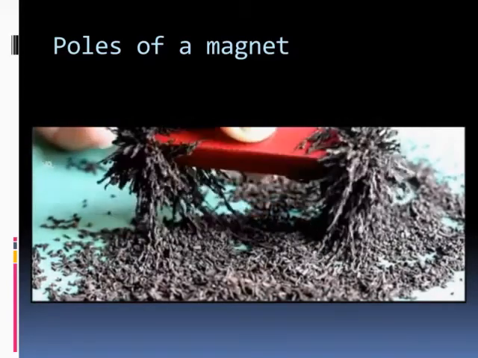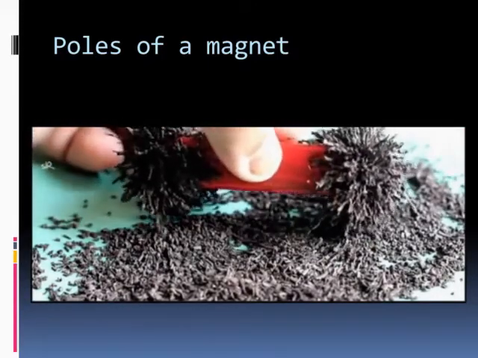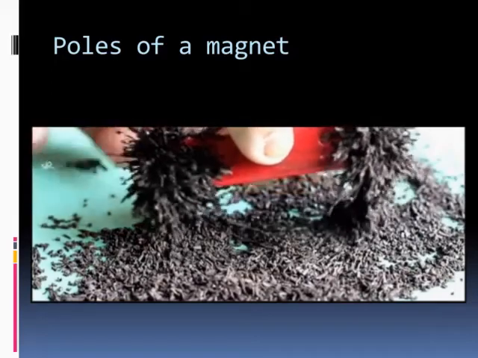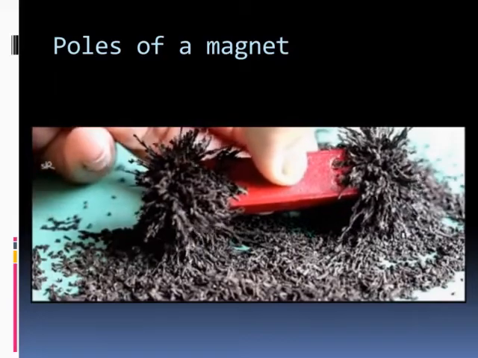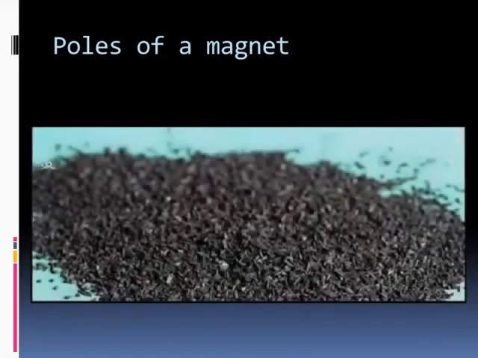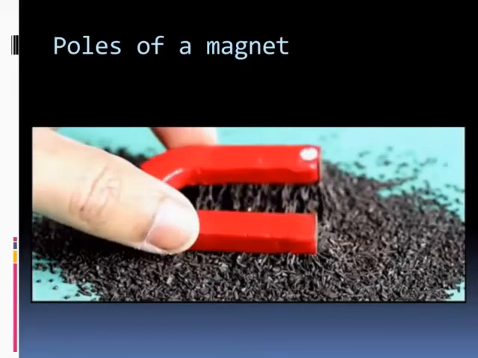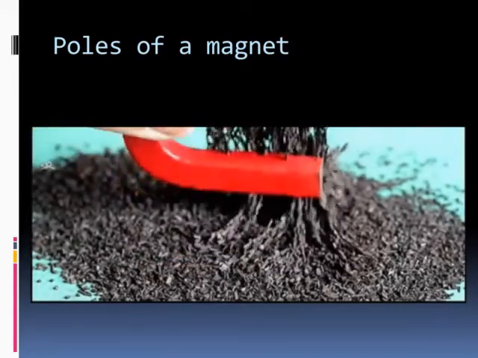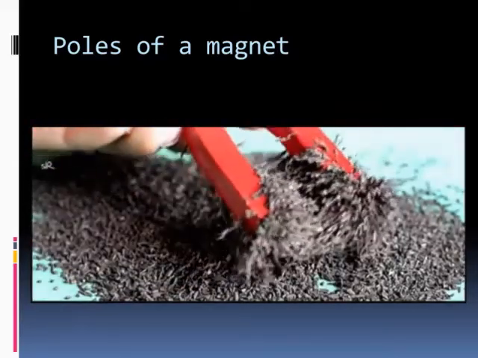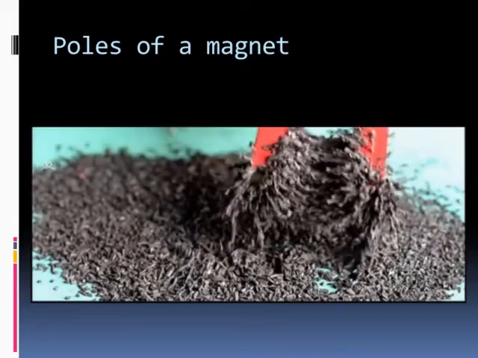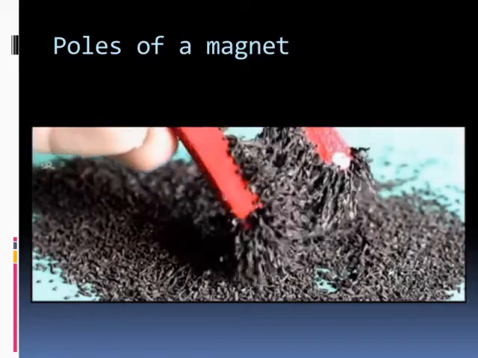Magnetic power is concentrated in these regions. Here also you can see there are two regions in this U-shaped magnet where magnetic power is more concentrated.